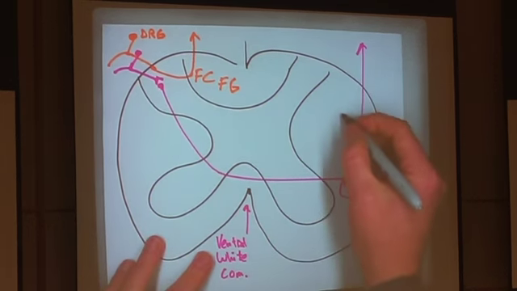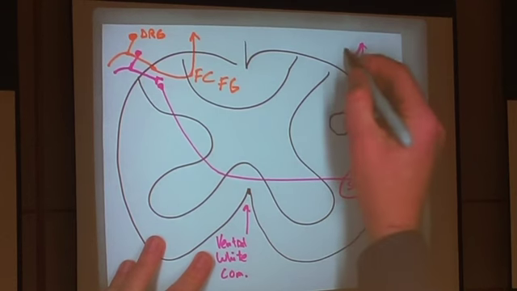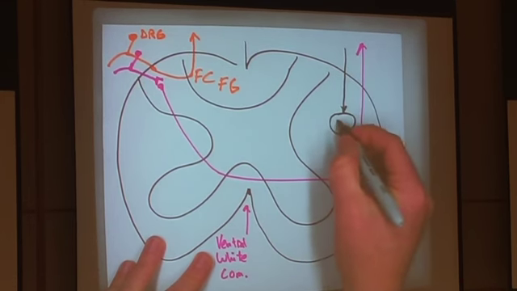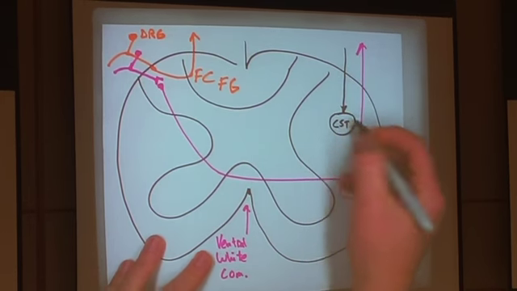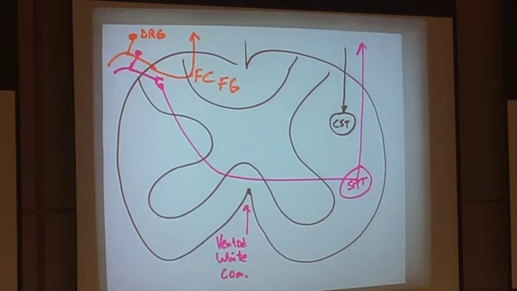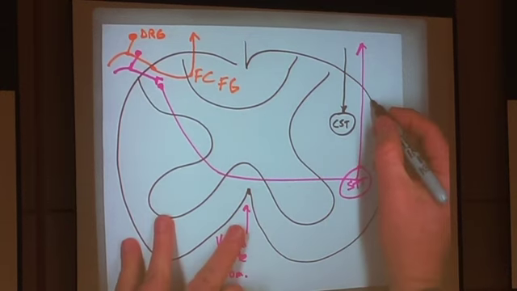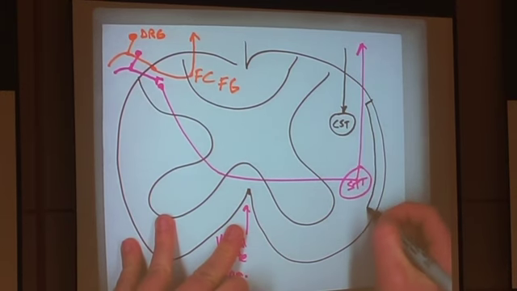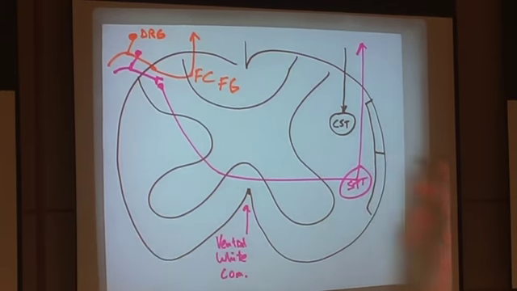We also have out here in the lateral spinal cord, the corticospinal tract, or we can call it the lateral corticospinal tract. And way out lateral in the spinal cord, we have two pathways that are informing the cerebellum about what's going on in the arms and legs.